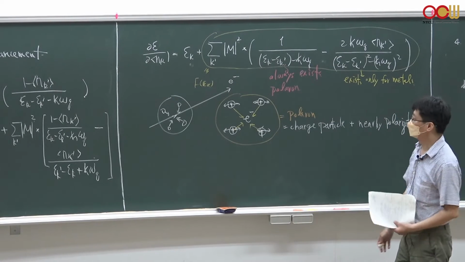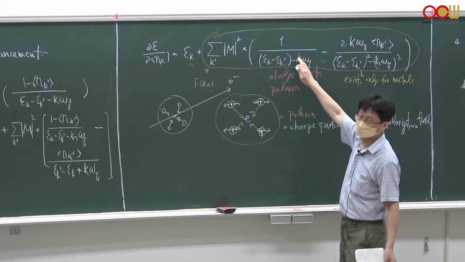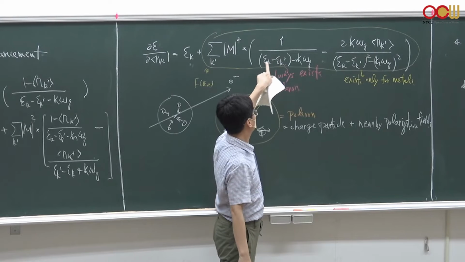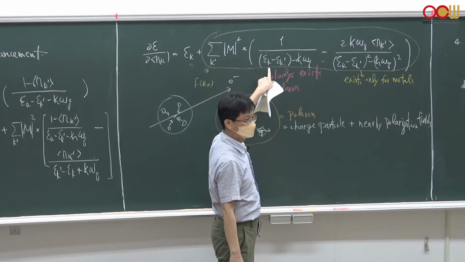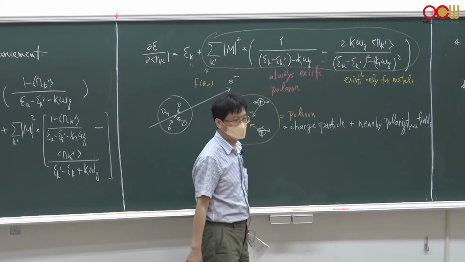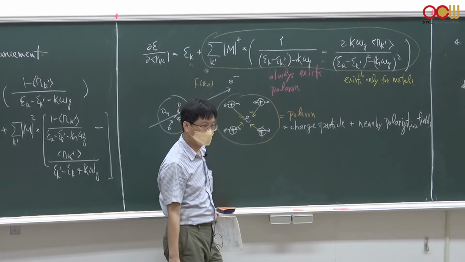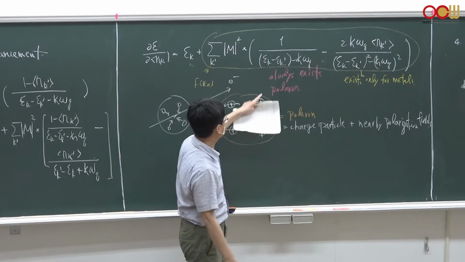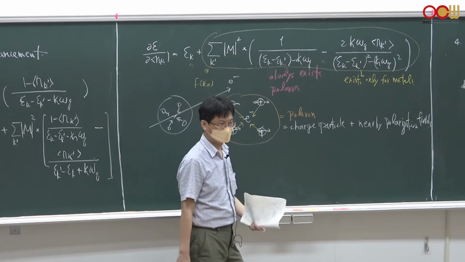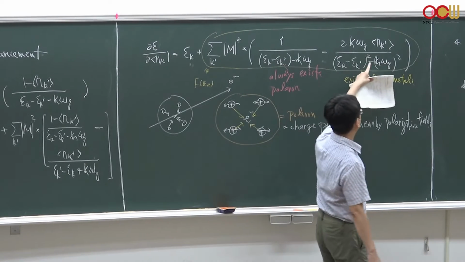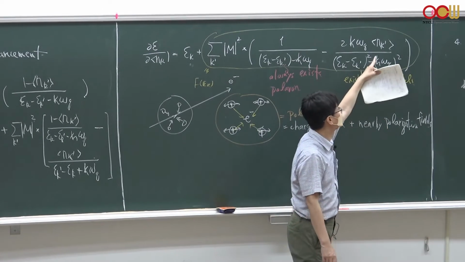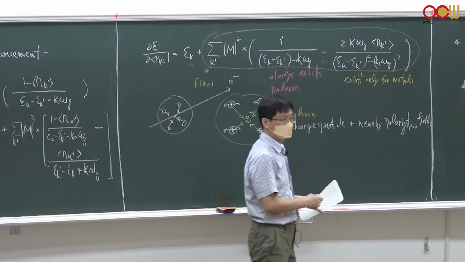There are two terms that contribute to these corrections. The first term is independent of the Fermi function, which is simply 1 over the energy difference between electrons of momentum k and k prime, minus h bar omega q. This term always exists, even for an insulator, and we call this the polaron contribution. The second term depends on the Fermi function, which exists only in metals, because we carry this Fermi function.